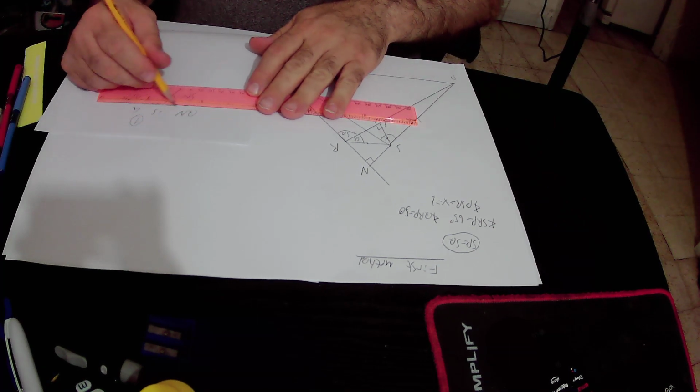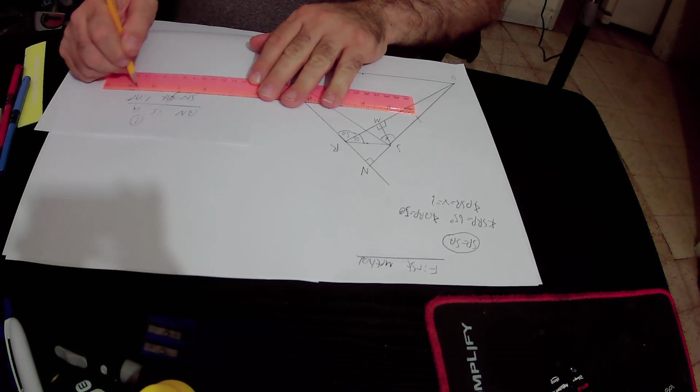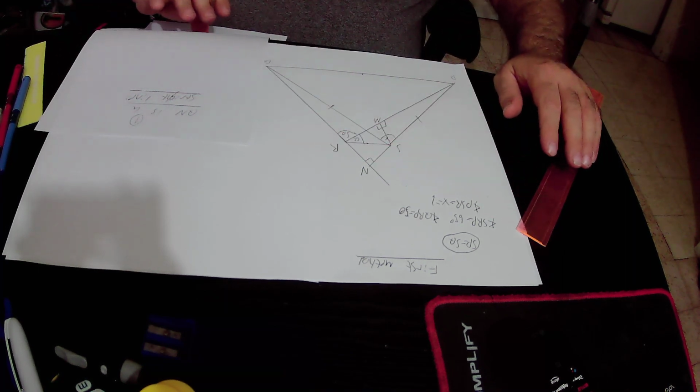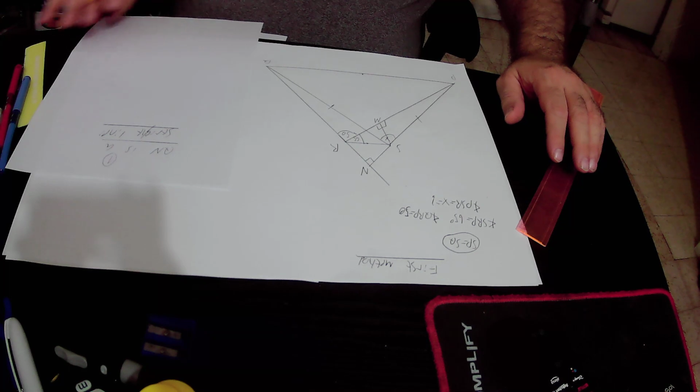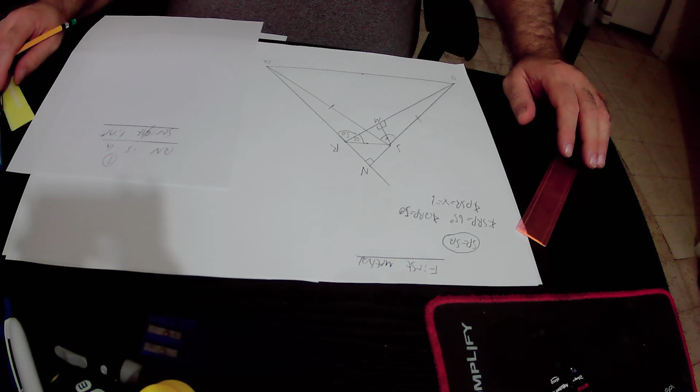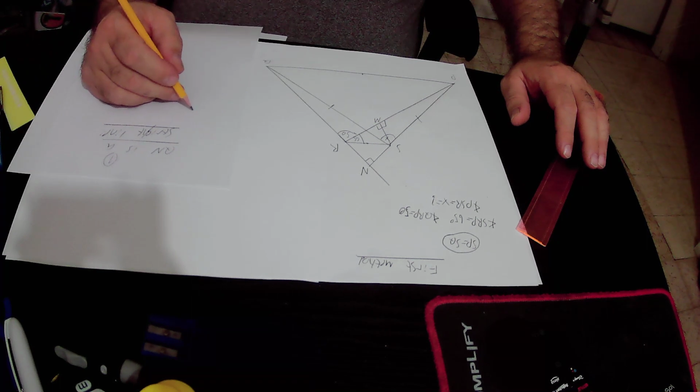and we have a rule that states that the sum of the angles on one side of a straight line is equal to 180 degrees. Okay, I write it down.